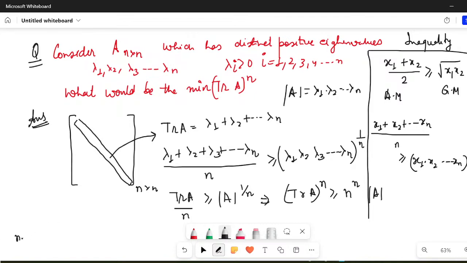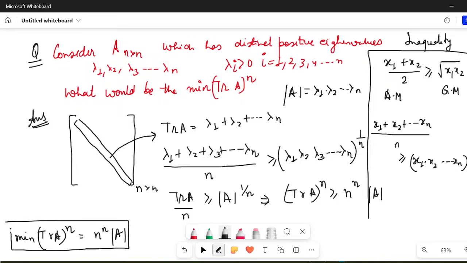So what do you think the minimum of trace A raised to the power n would be? The minimum of trace A raised to the power n would be simply n raised to the power n into determinant of A. I hope it is clear to you.